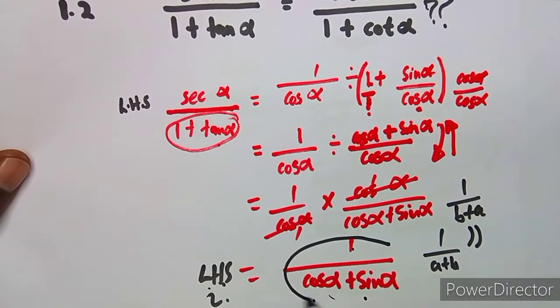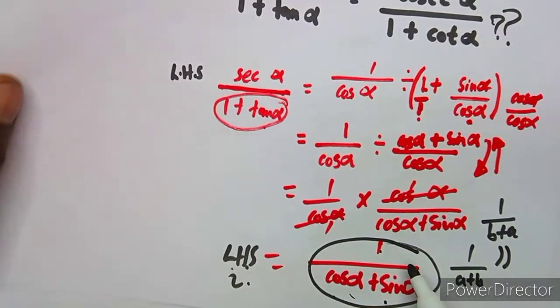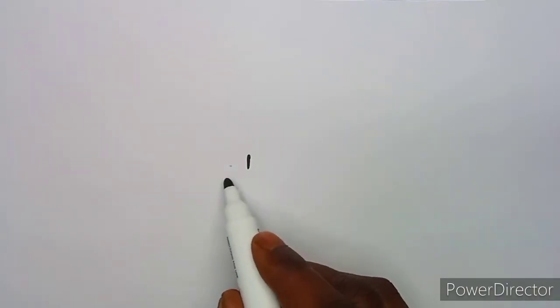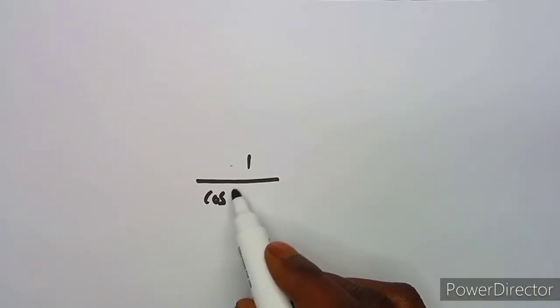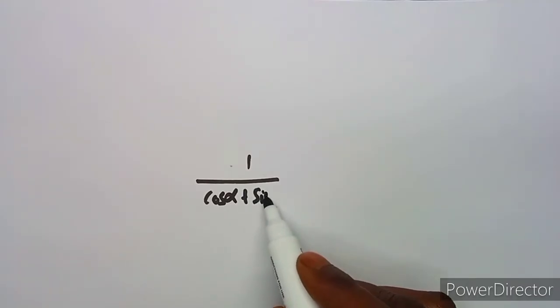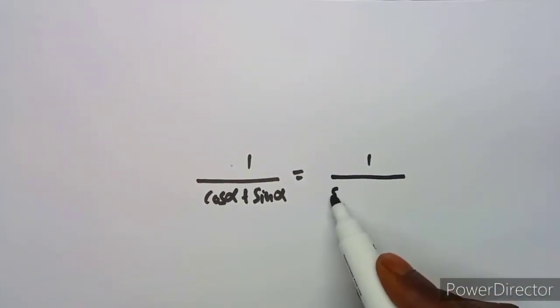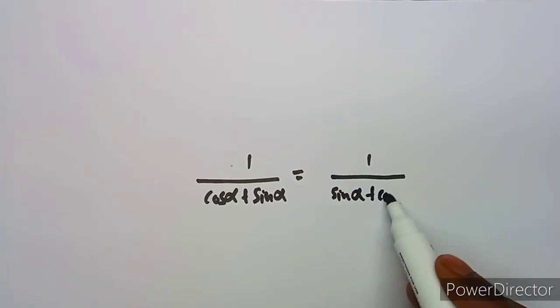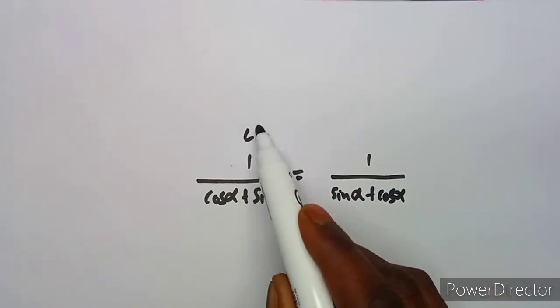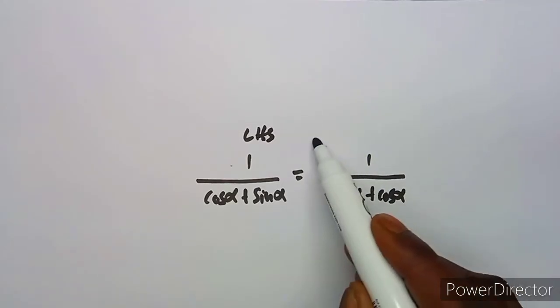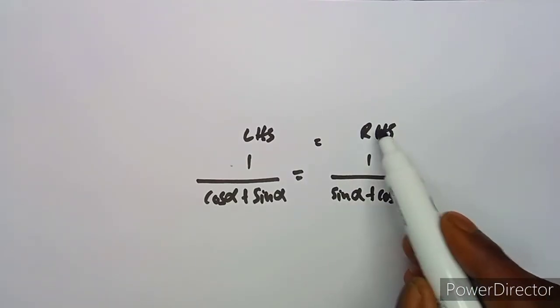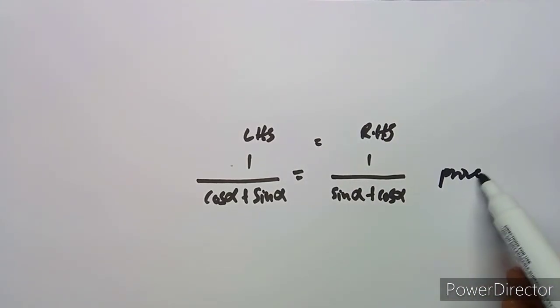So we are actually saying this part here, which is 1 over cos alpha plus sine alpha, is equal to the part on the right hand side, which is 1 over sine alpha plus cos alpha, what we obtained. So this is our left hand side, which is actually equivalent to the right hand side. So that's what we had, guys.